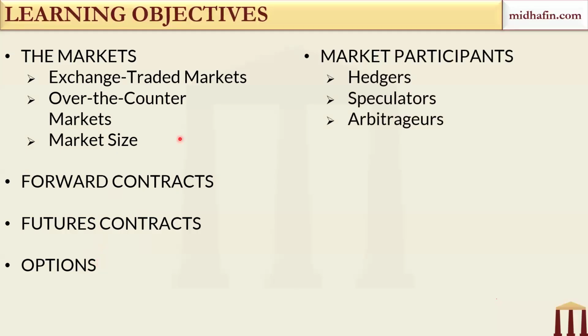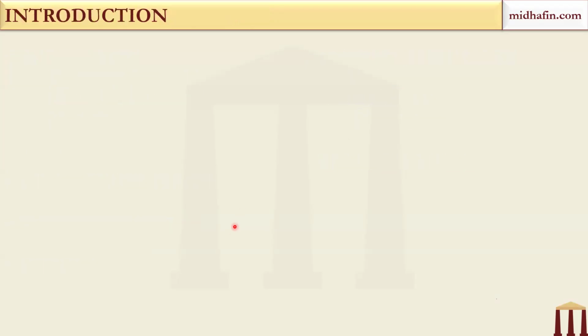And then we'll see market participants: hedgers, speculators, arbitrageurs with some examples, and what are the risks of dealing with derivatives. Some of the ideas will be theoretical, which you can go through directly in the PDF, but most of the ideas are conceptual, which we'll study in the class itself.